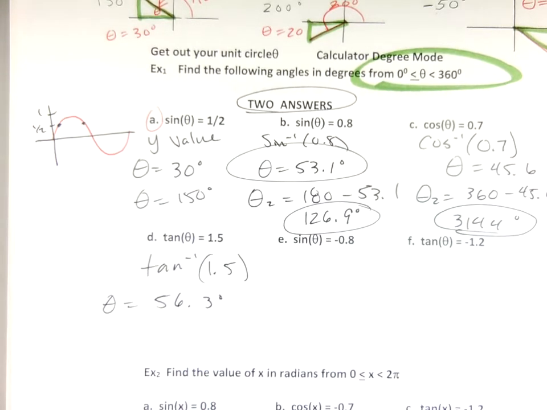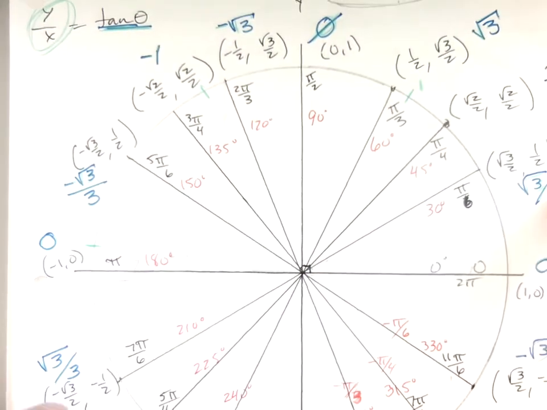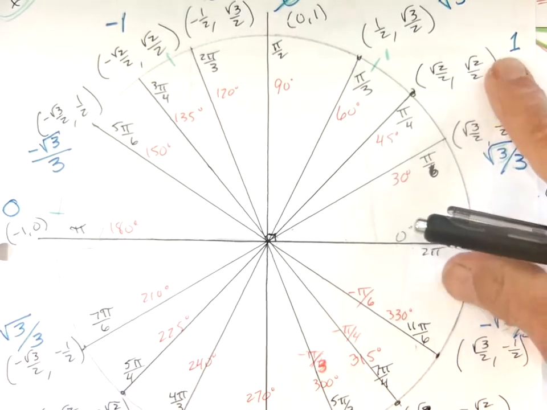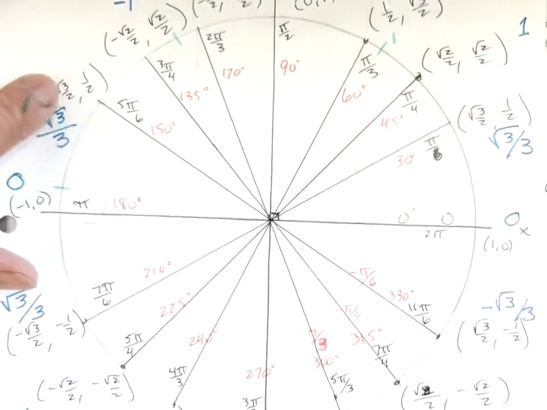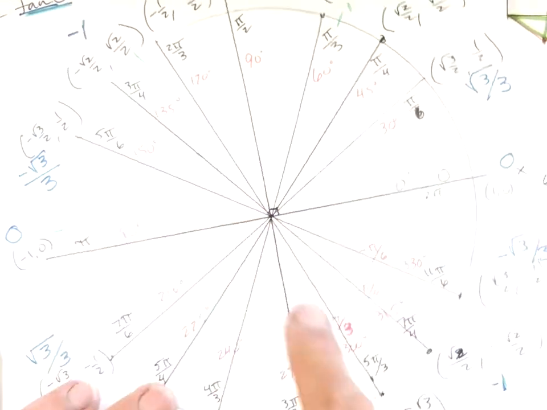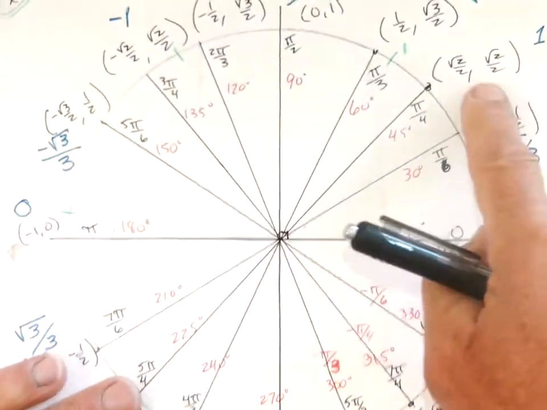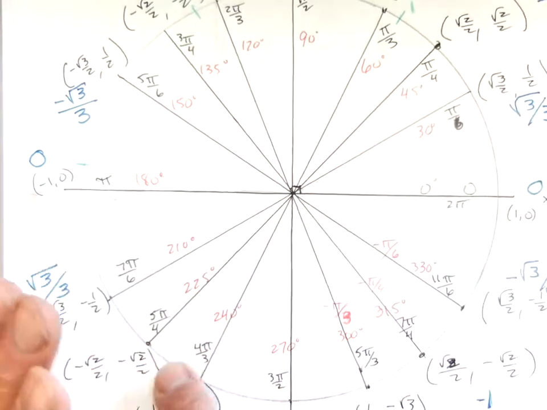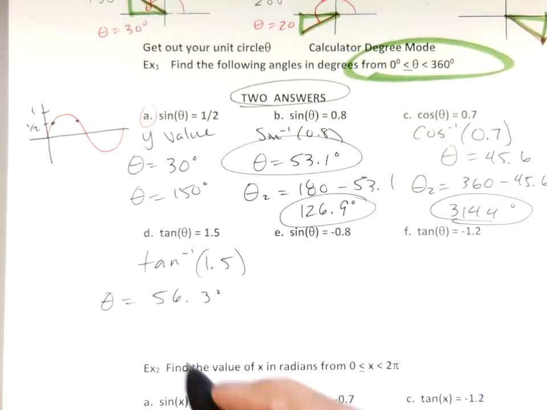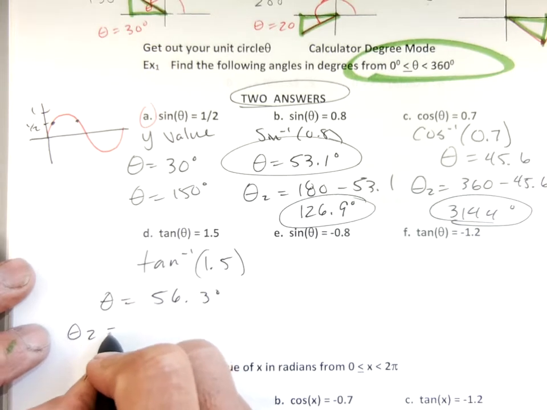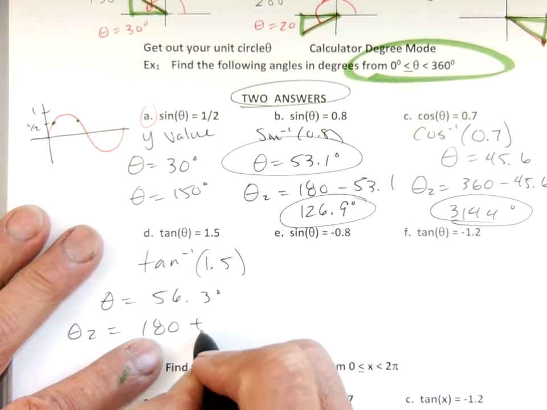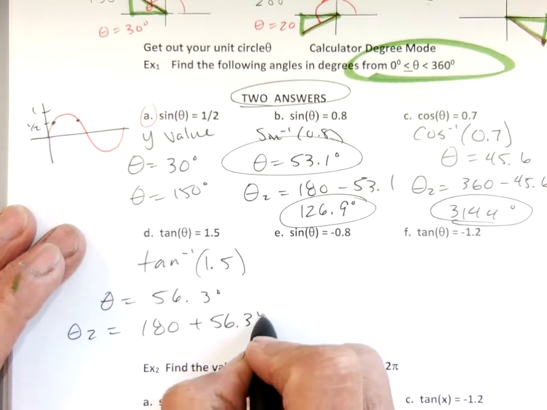The other tangent values, in fact, if you look at this, okay, I want you to see this unit circle. Here, here, here. Do you see that all the tangent values are just a 180 degree rotation? So if one of the angles is here at 56, the other's down here, 180 degrees beyond it. So if I want the other tangent value, I'm just going to go theta 2 will be 180 degrees plus my 56.3 degrees.